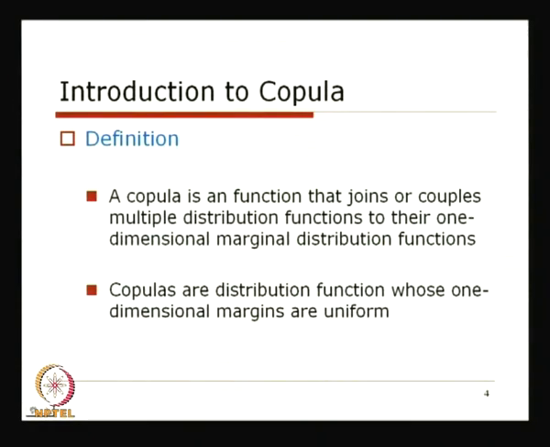Once we know the cumulative distribution function, and if it properly represents the data, then if we convert the original data set to its cumulative distribution function, it is converted to the range between 0 and 1 and becomes a uniform distribution. These can be joined together to obtain the function known as copula. That is why copulas are distribution functions whose one dimensional margins are uniform.